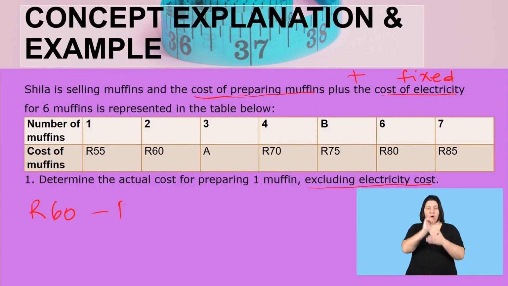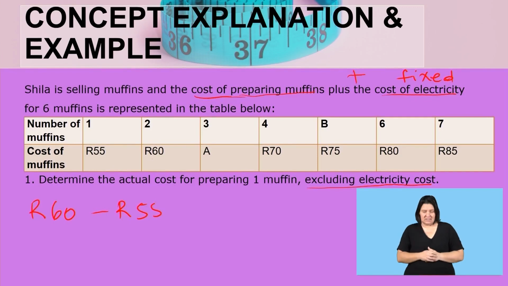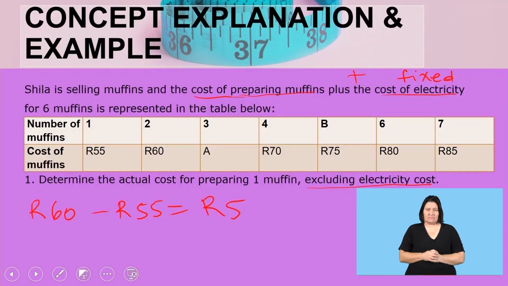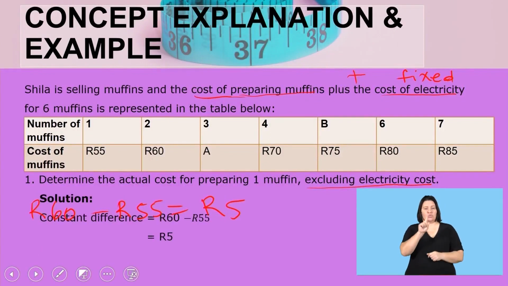We say 60 rand minus 55 rand. The difference is 5 rand. So 5 rand is your constant difference. If 5 rand is the constant difference, it tells you that 1 muffin is therefore 5 rand. That is the cost for preparing 1 muffin, 5 rand. Okay, let us move to the next question.